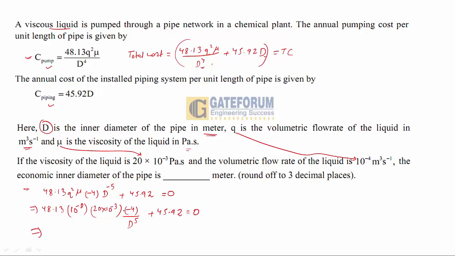Here it's a minus sign, so everything will be shifted backwards, and solving with the help of your calculator, you'll get the value of D as 0.0153, and this unit will also be in meter, as everything is in standard units. So the final diameter will also be in meter only. Here, just be a little bit careful with the differentiation, and the rest is easy. We have to report it rounded off to 3 decimal places. 0.015 is our answer.